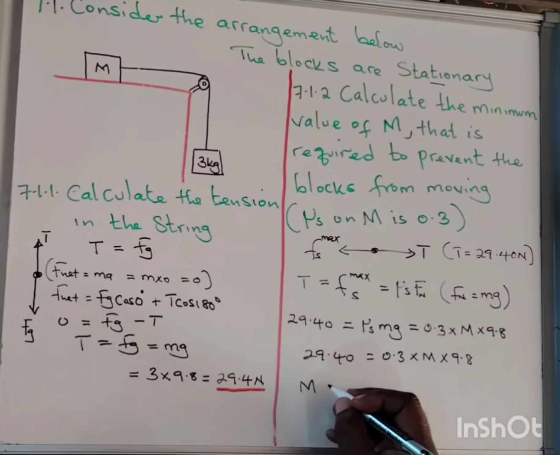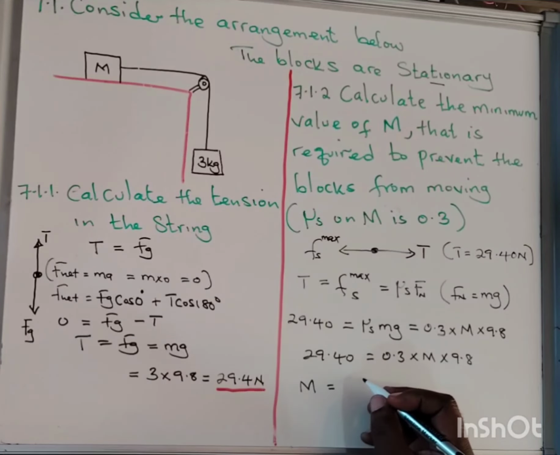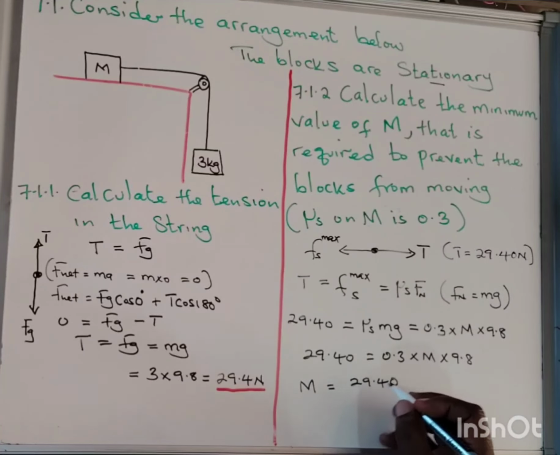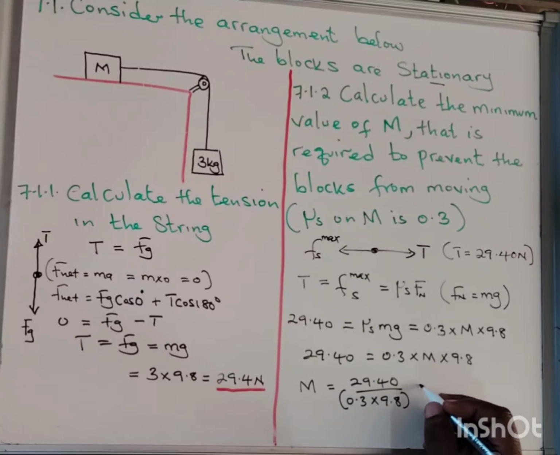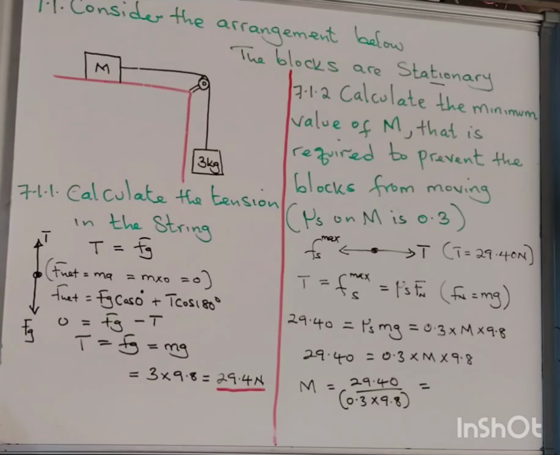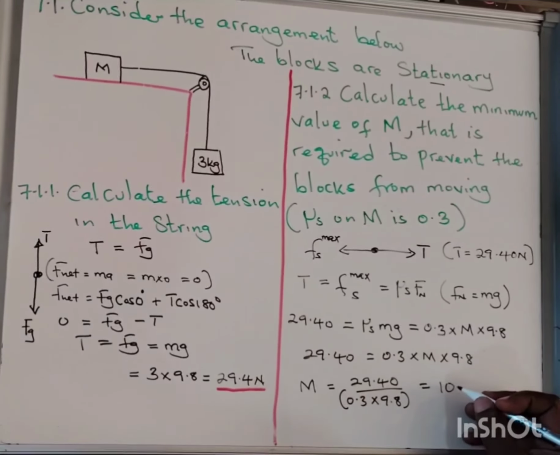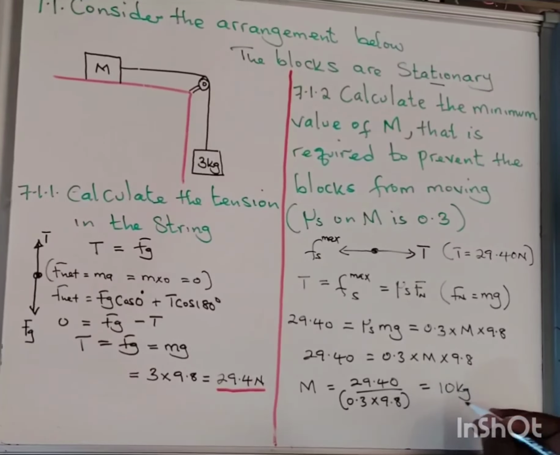So m is going to be equal to 29.40 over 0.3 times 9.8. Okay, what do we get from there? Let us see. So we get 10 kg.